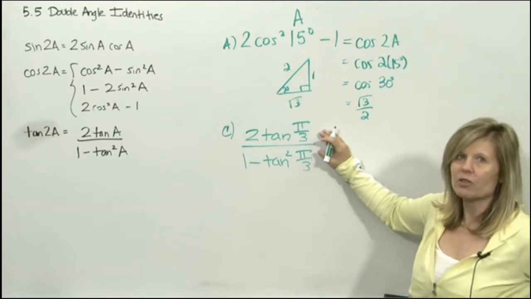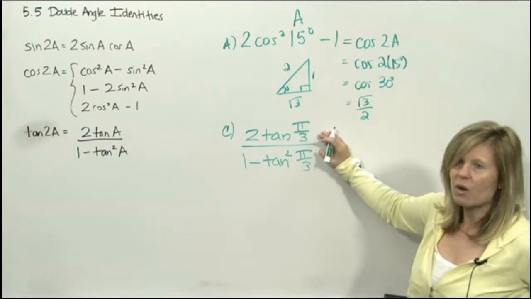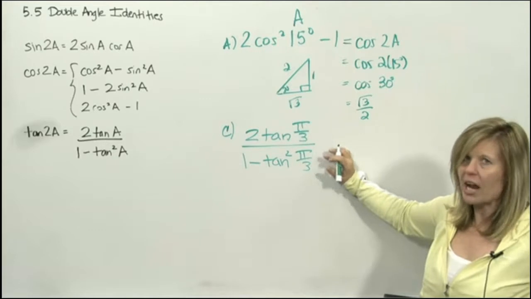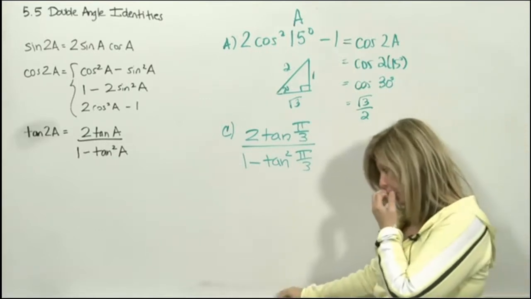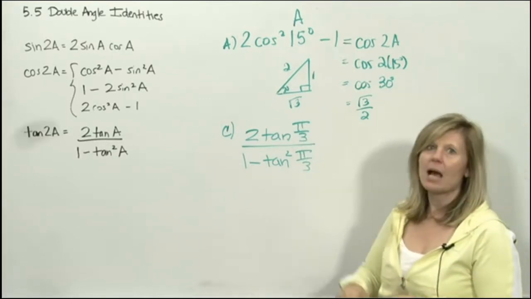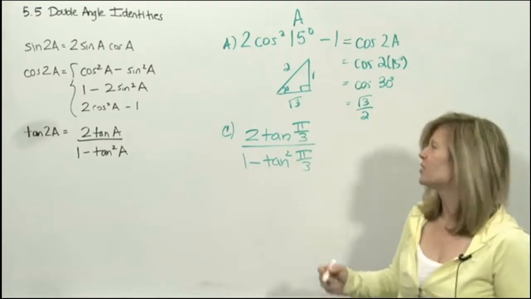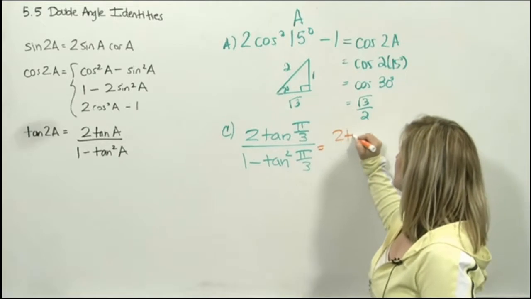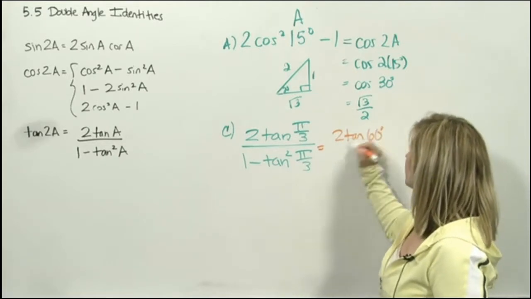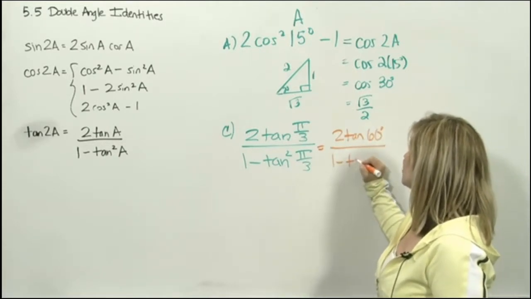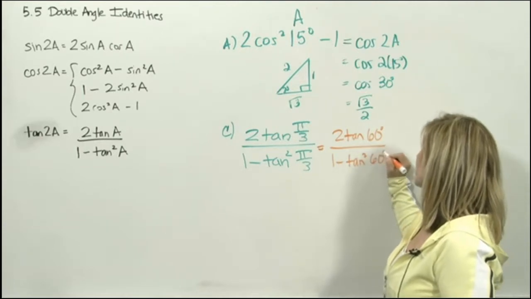Well, first of all, if we notice our angles in what units? That's right, it's in radians. So we might as well just change that to degrees. We know pi is how many degrees? 180. 180 divided by 3 is what? 60. So this is really 2 tangent 60 degrees over 1 minus tangent squared 60 degrees.